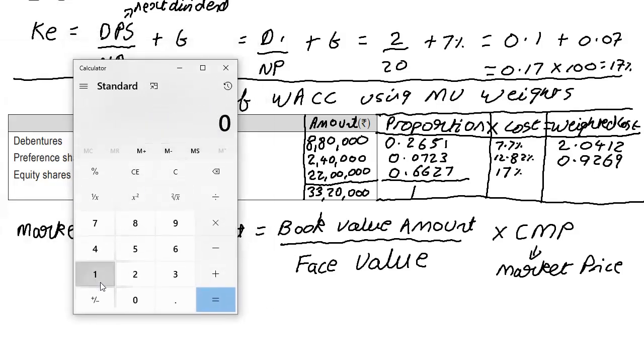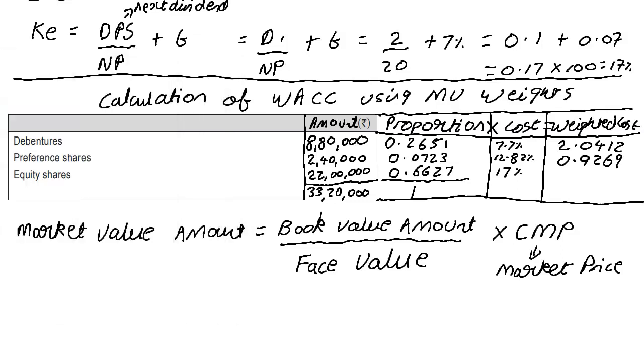And the last one is 17 multiplied by 0.6627, which is equal to 11.2659, and I can write that down as it is, 4 decimal places.